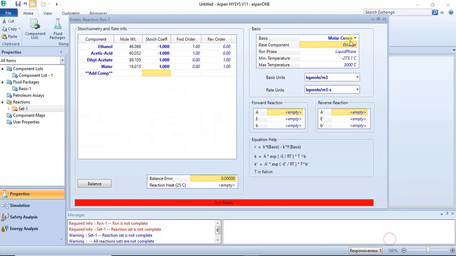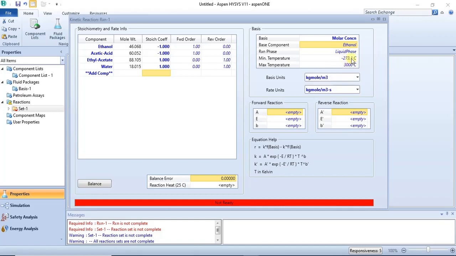Then what else? You have the minimum and maximum temperature, right? So I think this is just the range for which reactions take place. So you have the lower bound, which is minus 273, and then you have the upper bound, which is 3000 degrees Celsius. So what this means is you may not really have reactions occurring below this temperature or above this temperature, right?